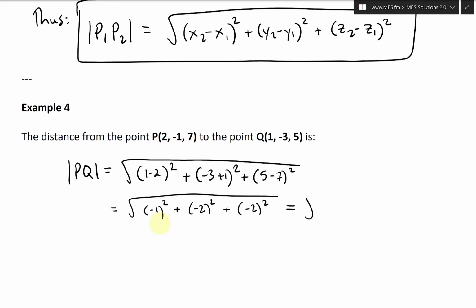This equals the square root of 1, since -1 squared is just 1, -2 squared is plus 4, and the next one, -2 squared is plus 4. That's 8 plus 1 is 9, equals the square root of 9, equals 3.